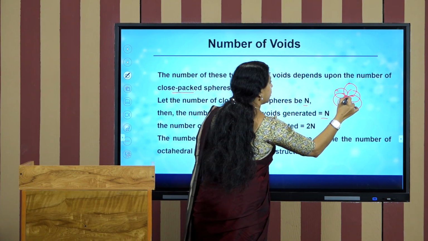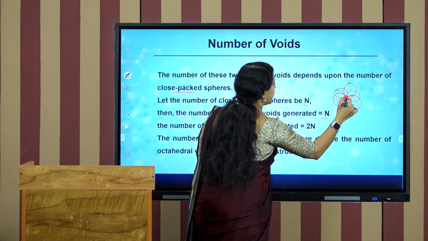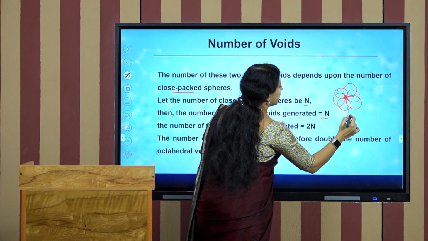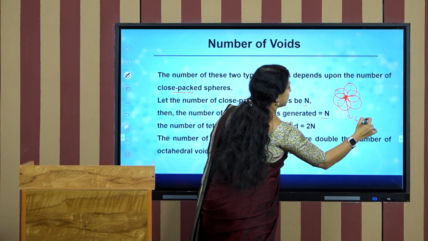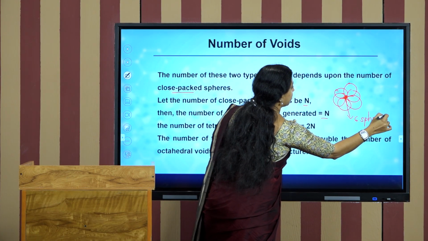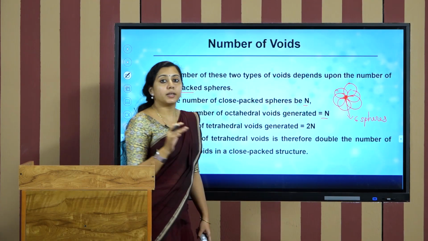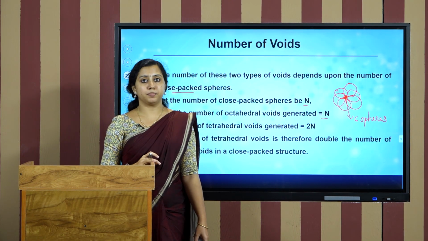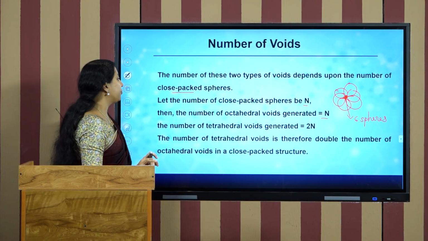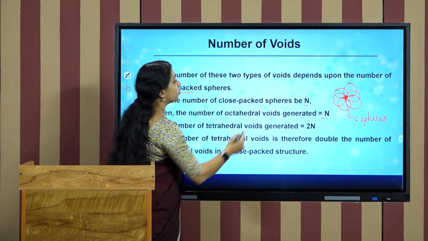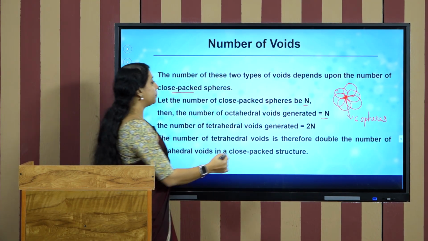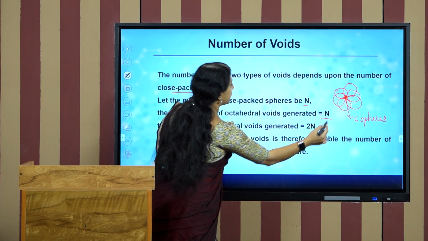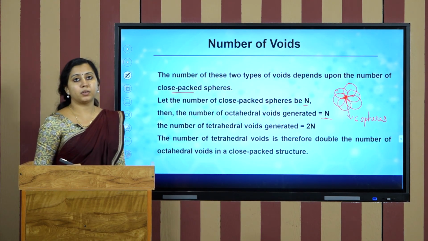So, an octahedral void. Around each octahedral void there will be 6 spheres, and around each sphere there will be 6 octahedral voids. In short, if there are n number of close packed spheres, then there will be n number of octahedral voids.